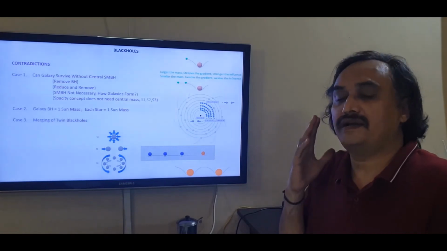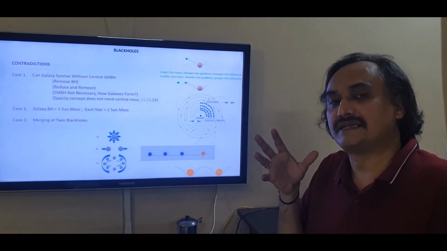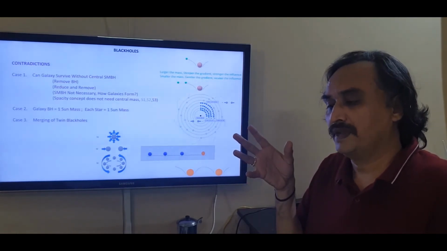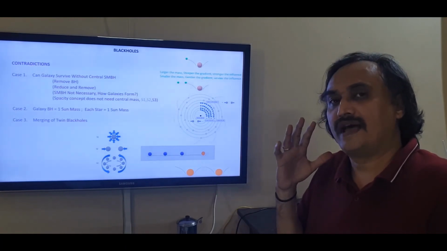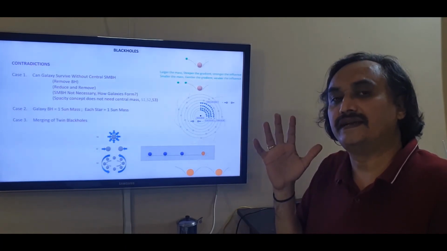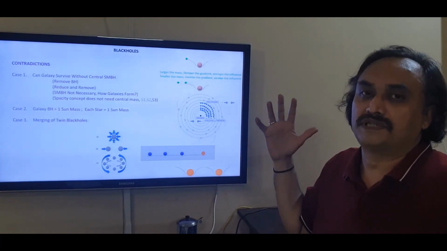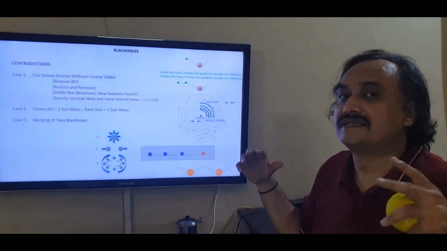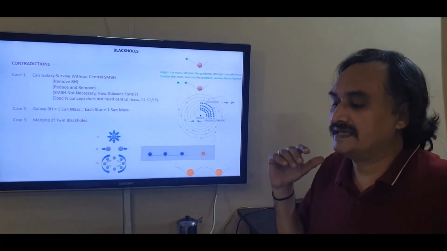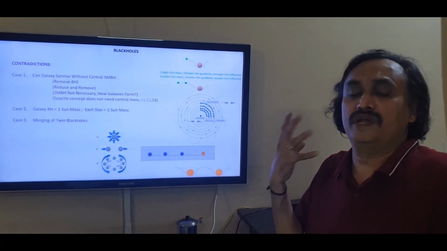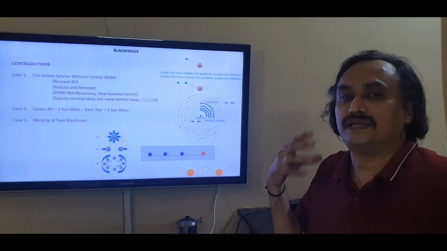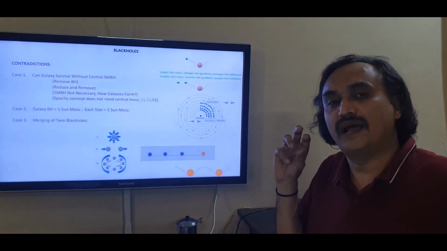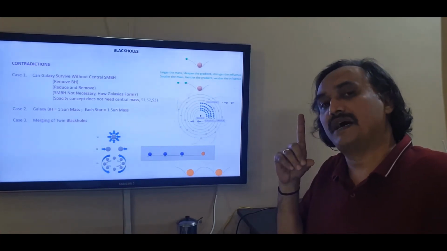Let us now cut it into half, 2 million sun masses, the supermassive black hole. Again, the stars are not flying away, the galaxy is not disintegrated, but now the size of the galaxy is supersized because the influence is less, but the galaxy is not disintegrated. You can keep doing this till you come to a situation where the black hole at the center is just one sun mass.